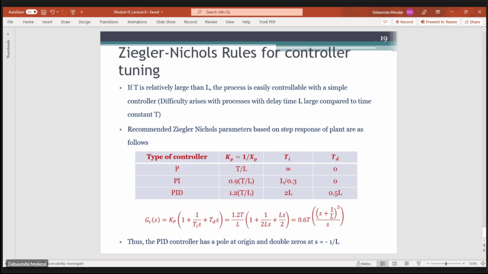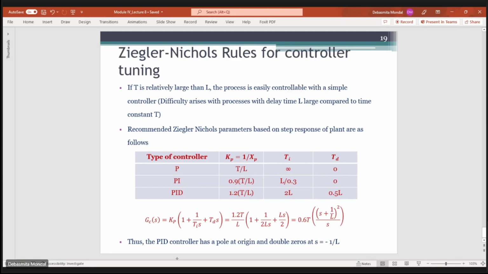But there is a trick here. If the time constant T is relatively larger compared to the delay time L, the process can be easily controlled using a simple controller with only these rules. But if the delay time L is very large and almost comparable to the time constant, it becomes difficult to tune the controller.